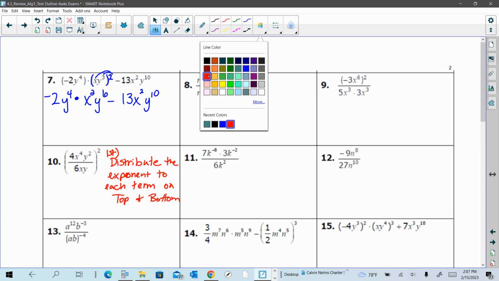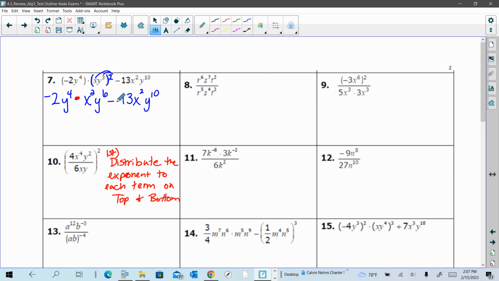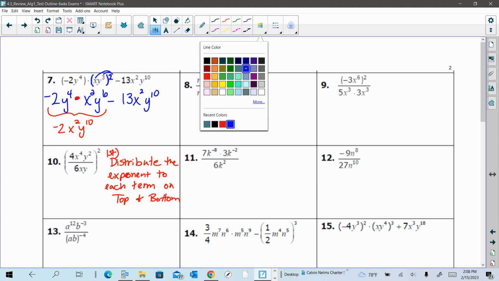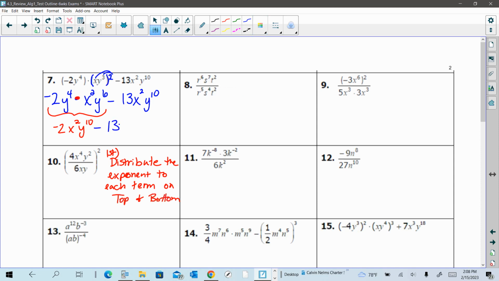Now what needs to be recognized is we have a multiplication, and multiplication is before subtraction. So I need to do the product rule first now. This is going to result in negative 2x squared y to the 10th power. And I'm subtracting that from the 13x squared y to the 10th power.